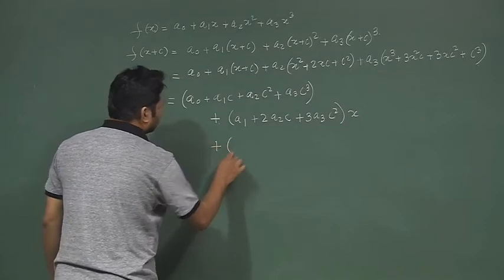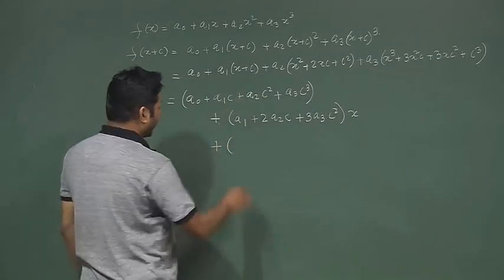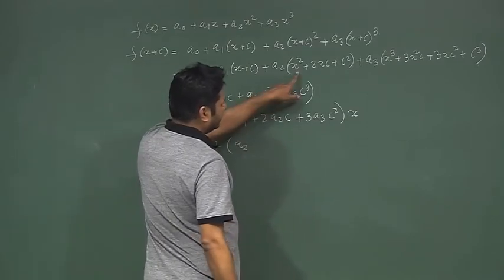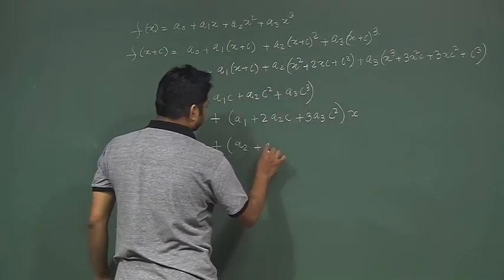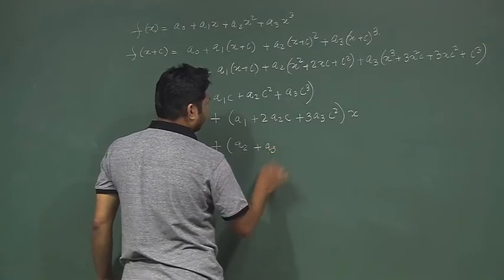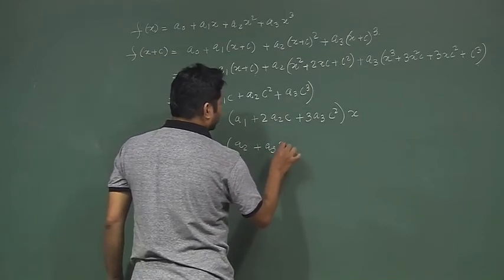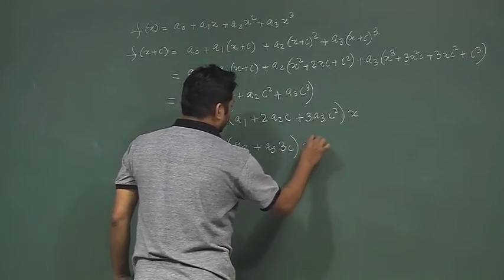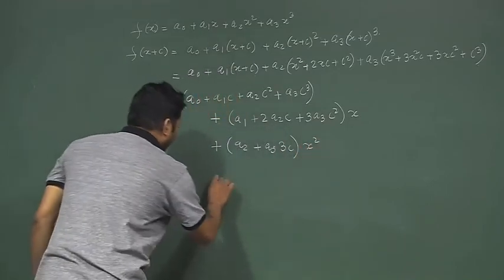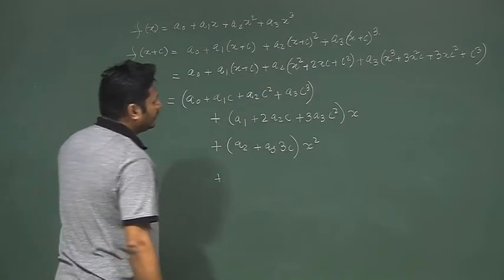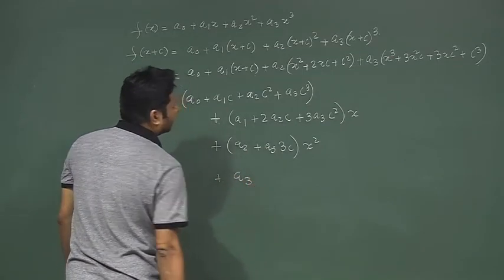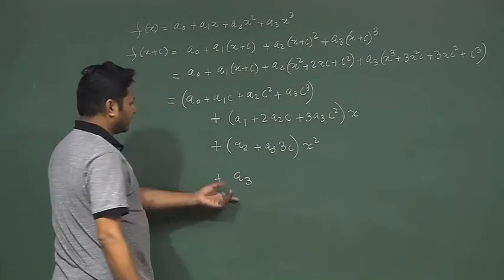The next one is all the coefficients with x square: a2 plus a3 into 3c, this quantity times x square. Hope I am not missing anything. And finally the cube term, this is just a3.